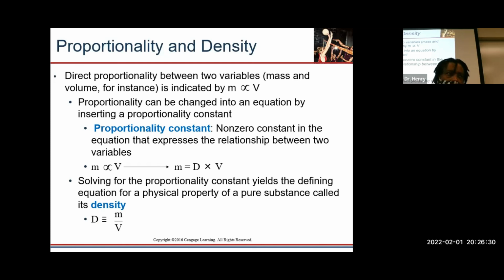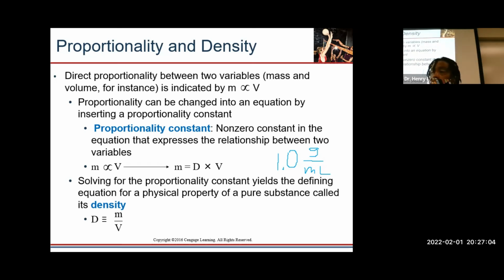What allows mass to be equal to the volume is using a constant. Density is a constant. The density of water, you want to remember this, is going to be 1.0 grams per milliliter. If I have 50 grams of water, how many milliliters will I have? 50. If I have 100 grams of water, how many milliliters? 100.